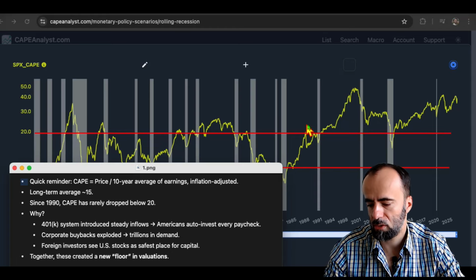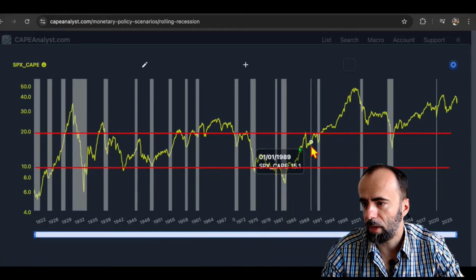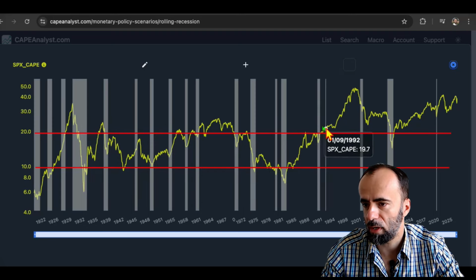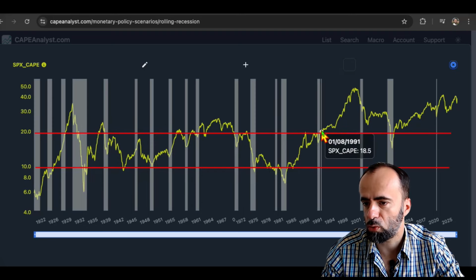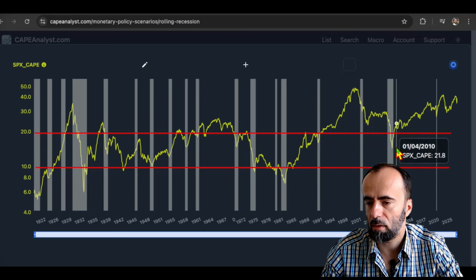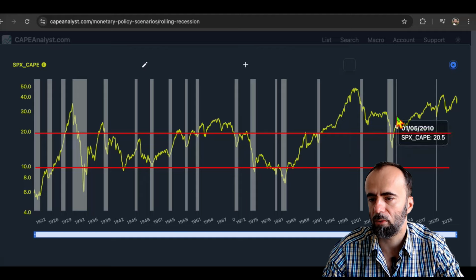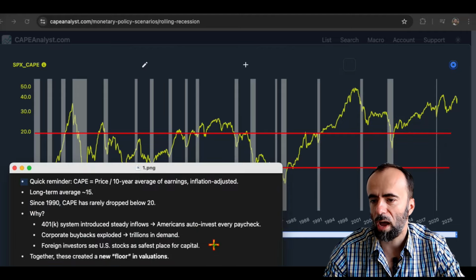And in this graph, you can see that for most of the time, the CAPE has been between 10 and 20. It is in recent years, in the 1990s, that something strange happened and CAPE went above 20 and stayed there. It dropped to 15 in 2008 just for a short period of time and then went back above 20 again.